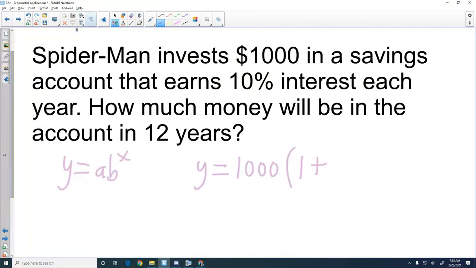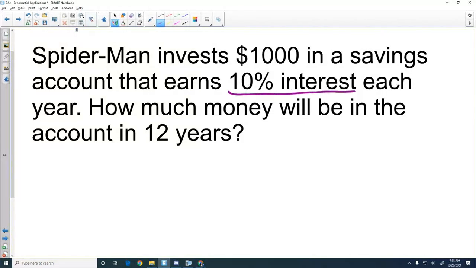So here, it earns 10% interest, and typically right after that, it'll tell you how often. How often does Spider-Man get that 10% interest? Each year.